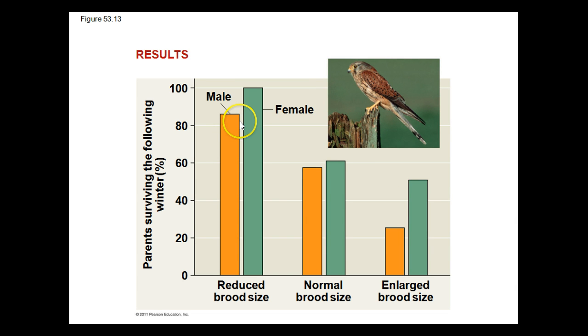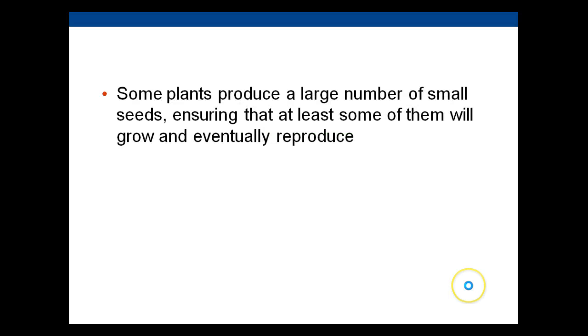So this is a reduced brood size, this is a parent surviving the following winter, versus the female, where you have less normal size. You might have a larger clutch, but this is you surviving because it just takes so much time and effort.